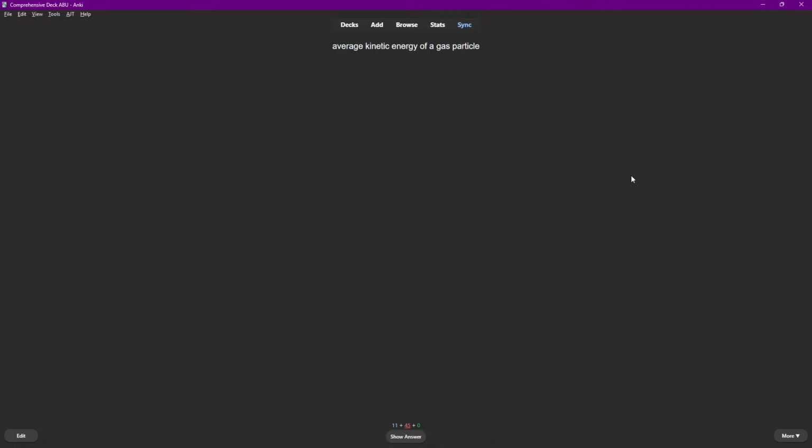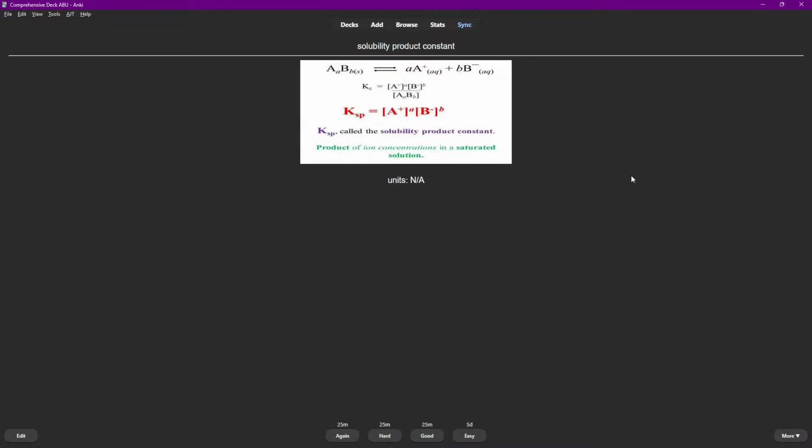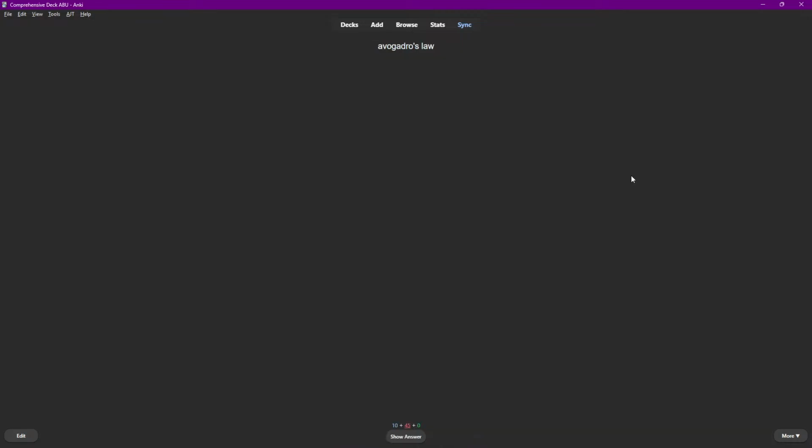Average kinetic energy of a gas particle is 3/2 RT over N. Solubility product is the different concentrations multiplied by each other, raised to the power of their coefficients.